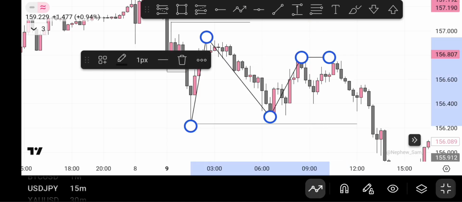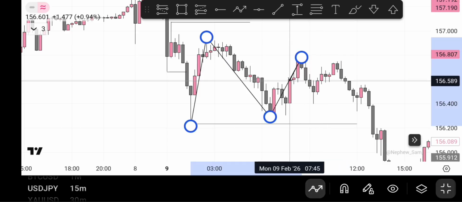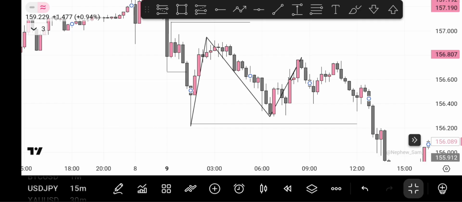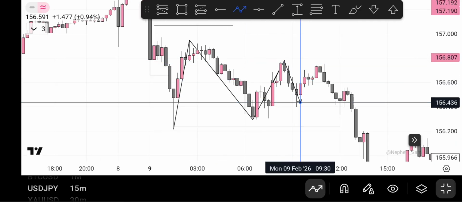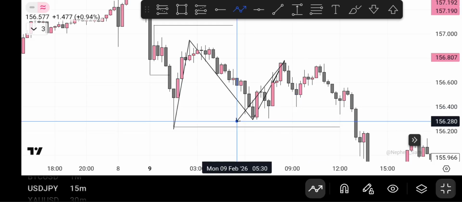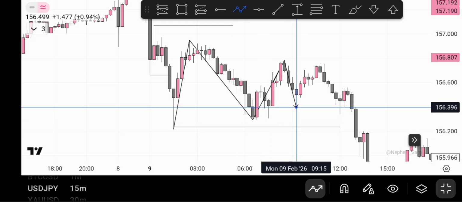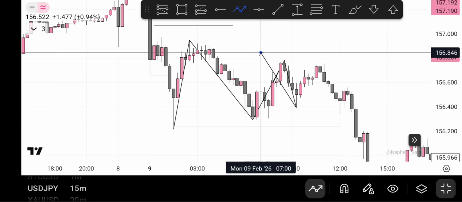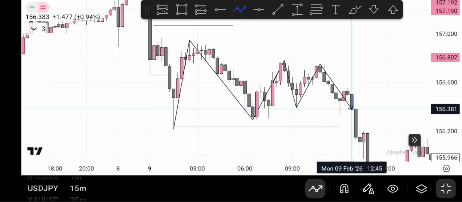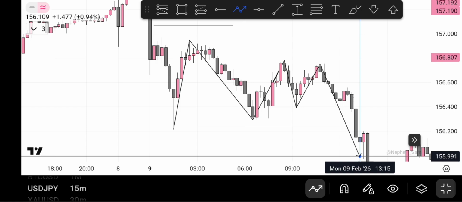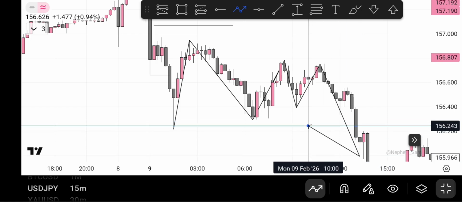Still drop. Still didn't take this one. Now came. Still didn't come to this level. And came. But then that's when it delivered by taking out this key level.